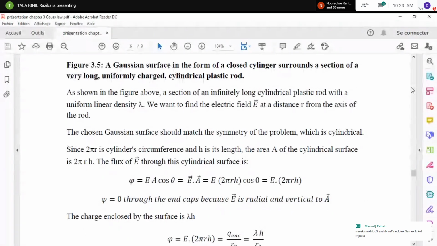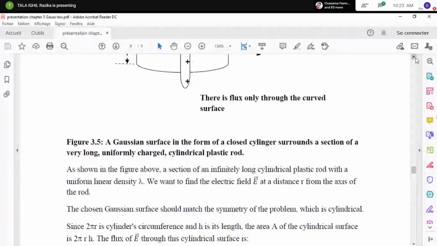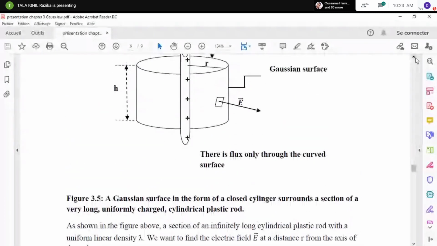Where is the electric field in our case? Look at the electric field. It goes through the lateral surface. On the tops, there is no electric field flux because it is perpendicular to A. So only the lateral surface will be concerned. The surface is 2 pi r, the circumference, times h.